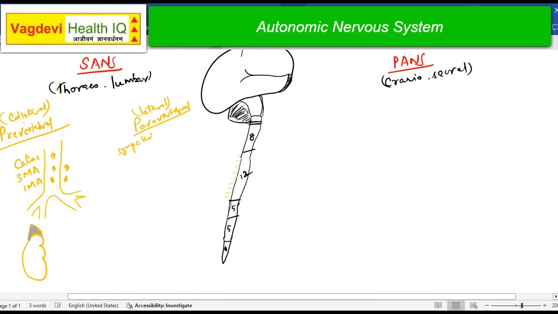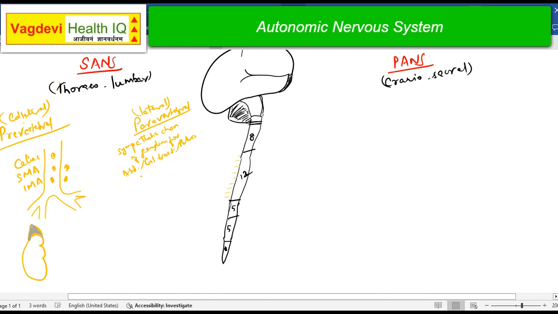It will obviously have the sympathetic ganglion, what we call the sympathetic chain of ganglia, for the thoracolumbar region, for the GI tract, pelvis, abdomen.